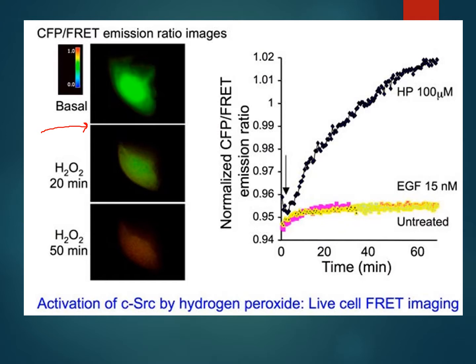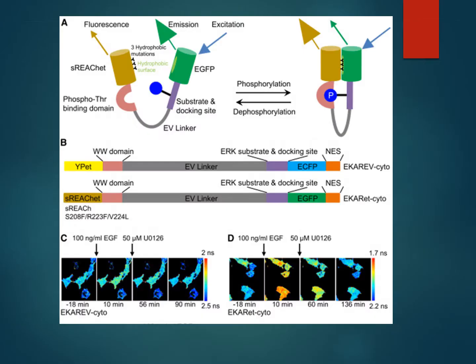It's bright green, and you can start seeing some red around the edges, and by 50 minutes it's completely red. So you've completely turned the FRET from the green to the red channel over 50 minutes here, and they're just mapping that. Okay, so untreated, no change. Untreated would just look like that. Treated would give a positive FRET signal there.